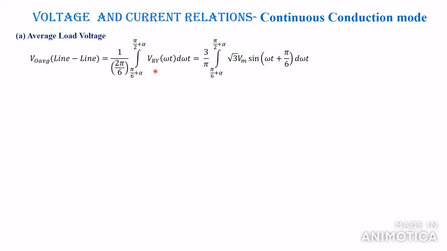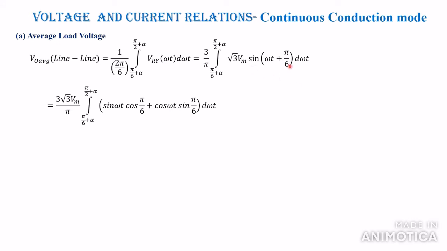We are considering the general case here, pi by 6 plus alpha to pi by 2 plus alpha. On simplification this becomes 3 by pi integral from pi by 6 plus alpha to pi by 2 plus alpha of VRY, which we already know: root 3 Vm sine omega t plus pi by 6, d omega t.